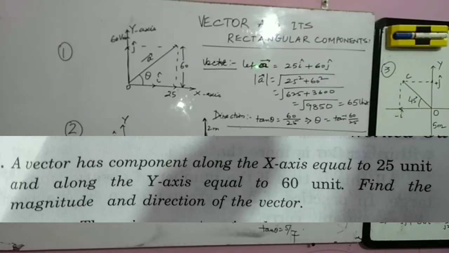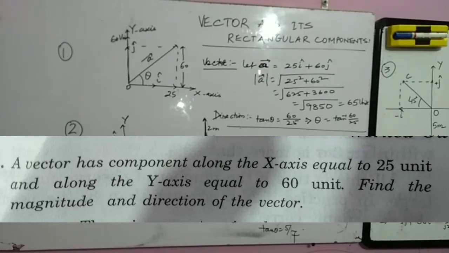So now we have written this vector A, taking no time, very quickly we can write it in its vector form, right? Now if A vector is equal to 25i plus 60j, I think you can find the magnitude.